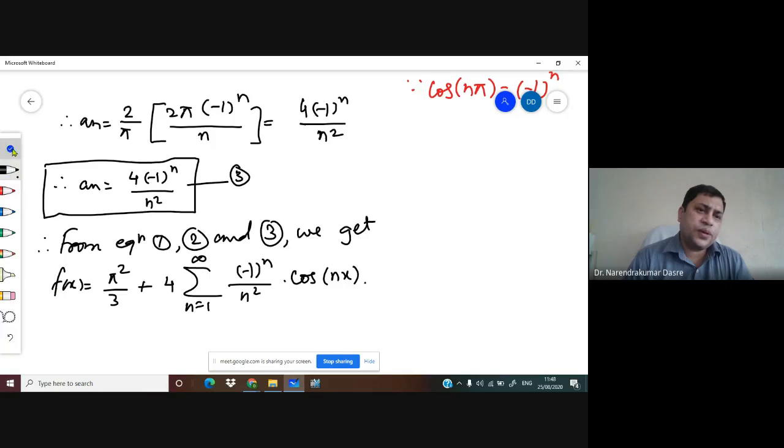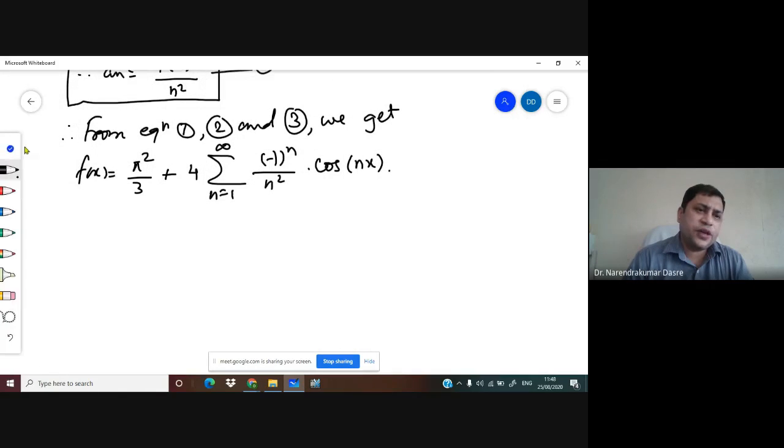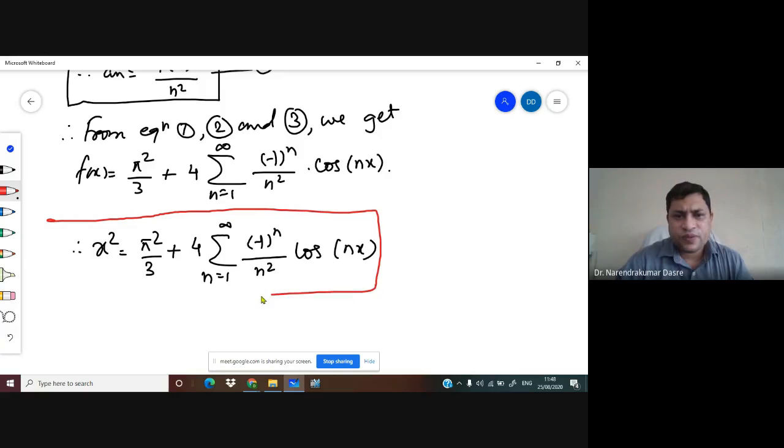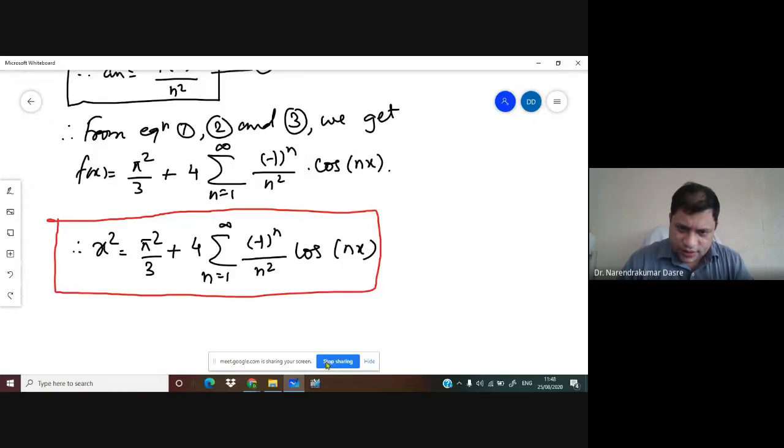So this is how we are able to find the Fourier series for the function x square in the interval minus pi to pi.